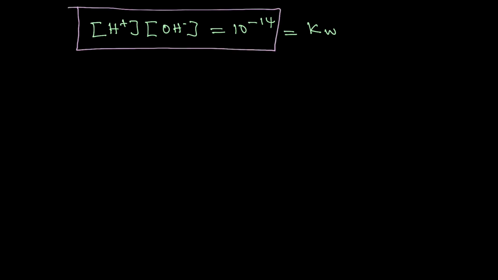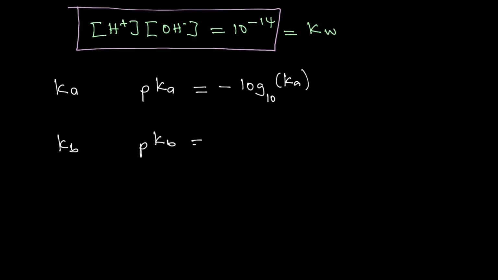If we know Ka of any acid, we can find the pKa, which is minus log base 10 of the Ka. Likewise, if we know the Kb, we can find the pKb. Again, that will be equal to minus log base 10 Kb. This is the equilibrium constant for acid, and this is the equilibrium constant for base.